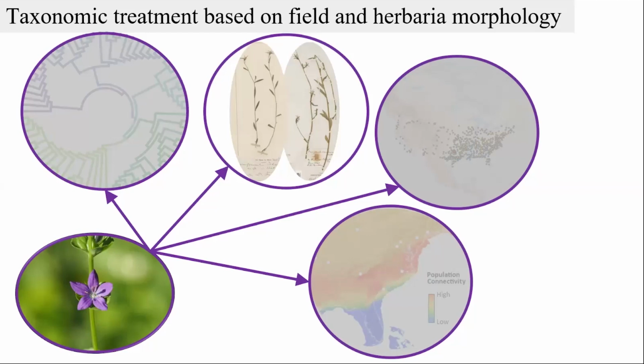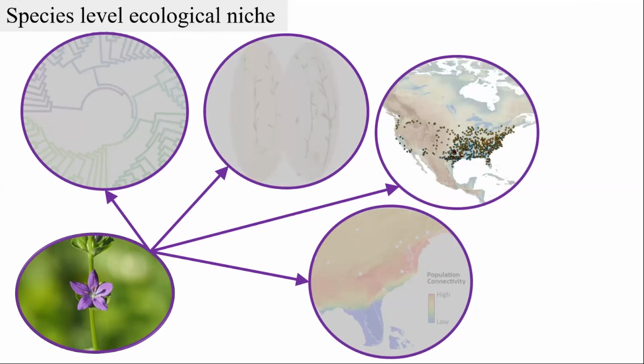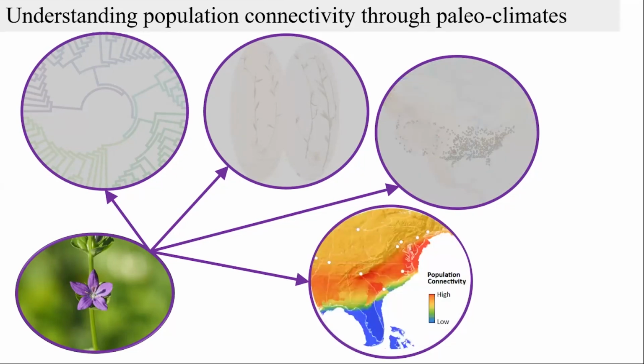I followed that up with a morphological study using both field and herbarium data to see how those relationships match or don't match the phylogenetic trends that I was seeing. I then looked at the species level ecological niche to see how these individuals were using the landscape. And then lastly, I wanted to understand population connectivity through the use of paleoclimates.